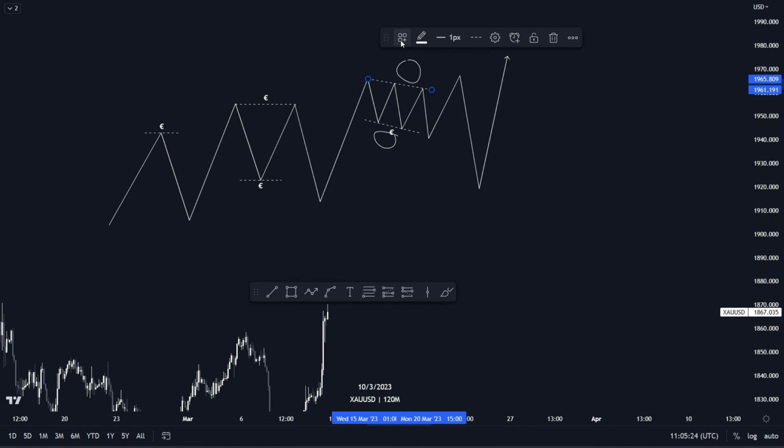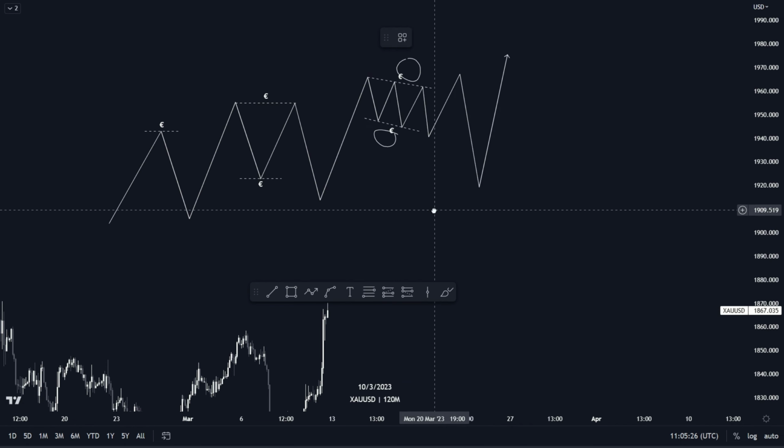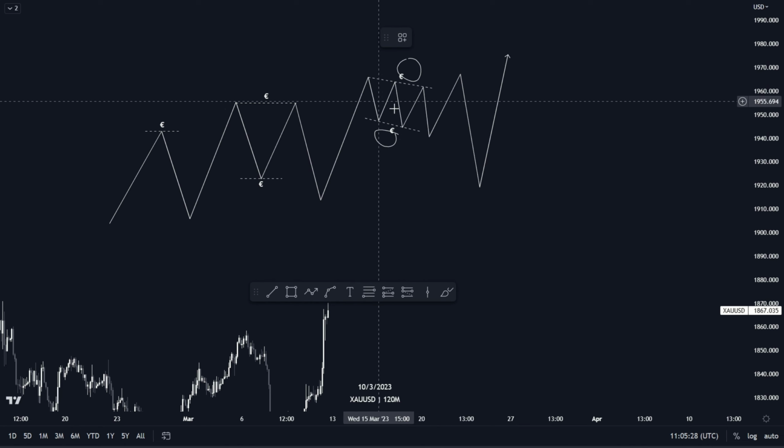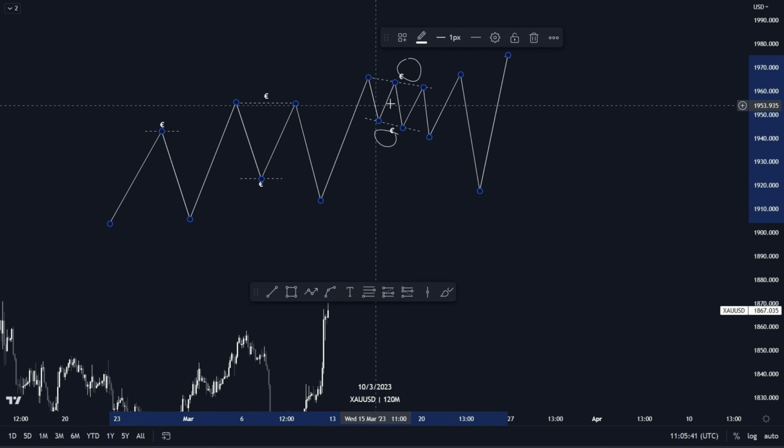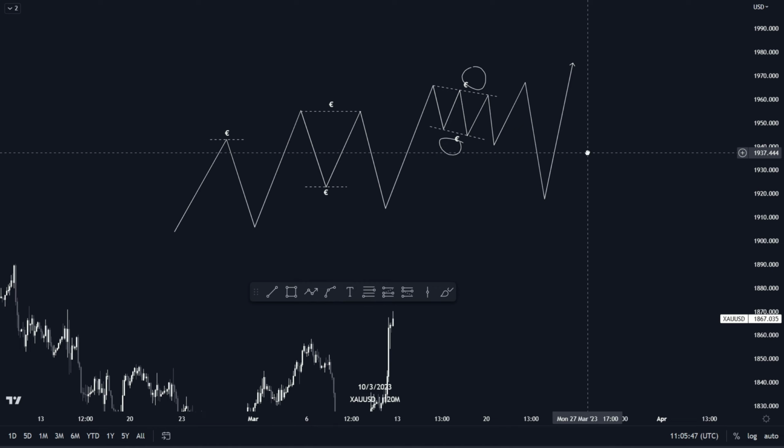So normally when you have this, we're going to expect price to clear off the liquidity lying below the trend line and the liquidity lying above the trend line, and then price will come and respect this low here and push to the upside.